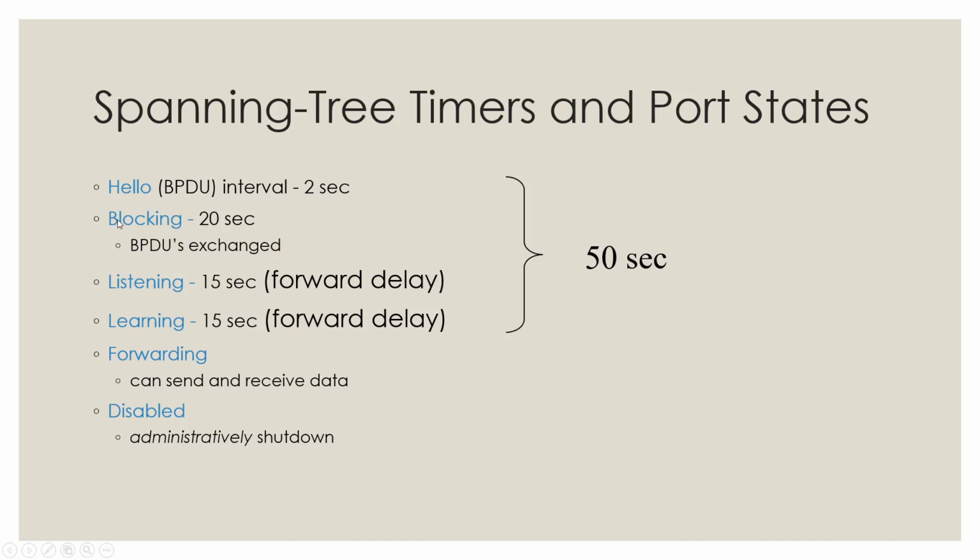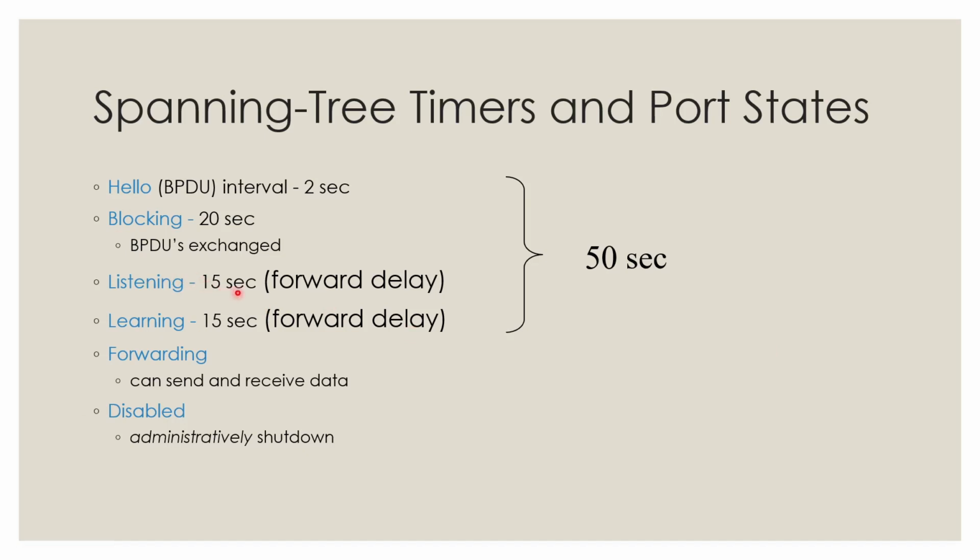When the topology changes, spanning tree switch will transition the spanning tree ports from blocking state, stay there for 20 seconds, waiting to receive the BPDUs to do the spanning tree calculation, then transition to listening. When the port is in blocking, it doesn't send the BPDU, it only receives BPDU. When it transitions to listening, the port will be able to receive and transmit the BPDU.